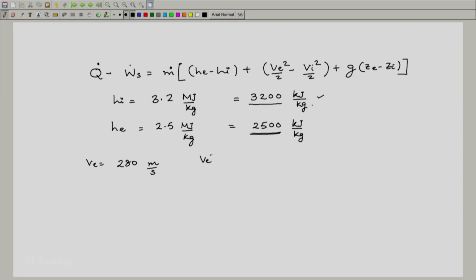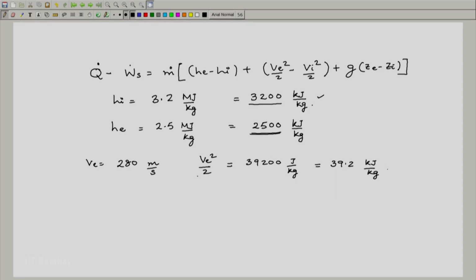So Ve squared by 2 turns out to be 39200 joule per kg, which is 39.2 kilojoule per kg.